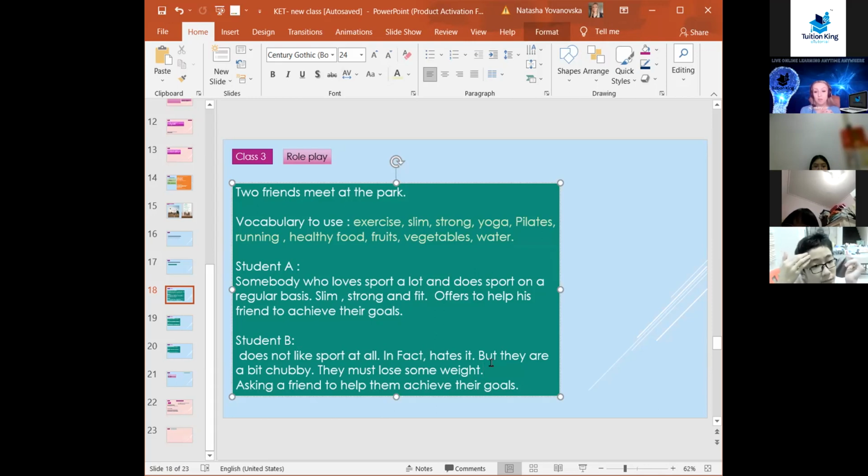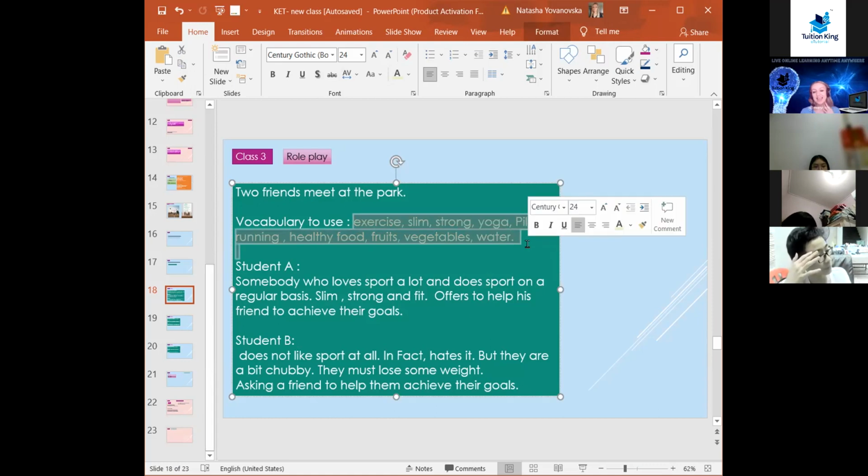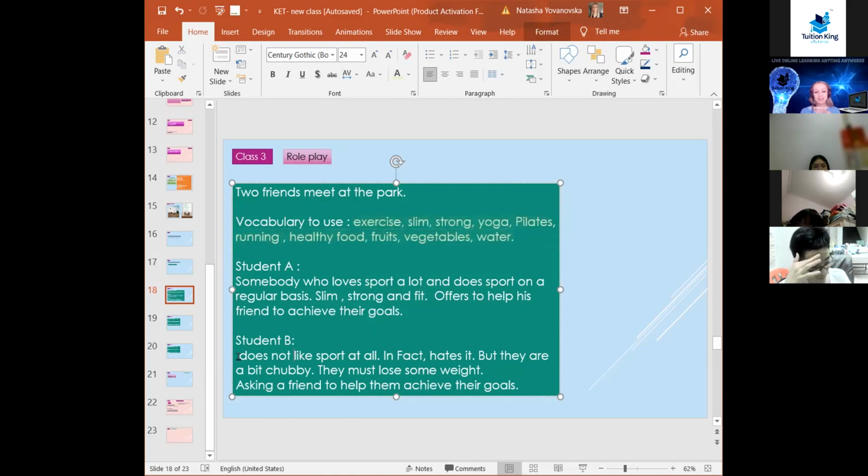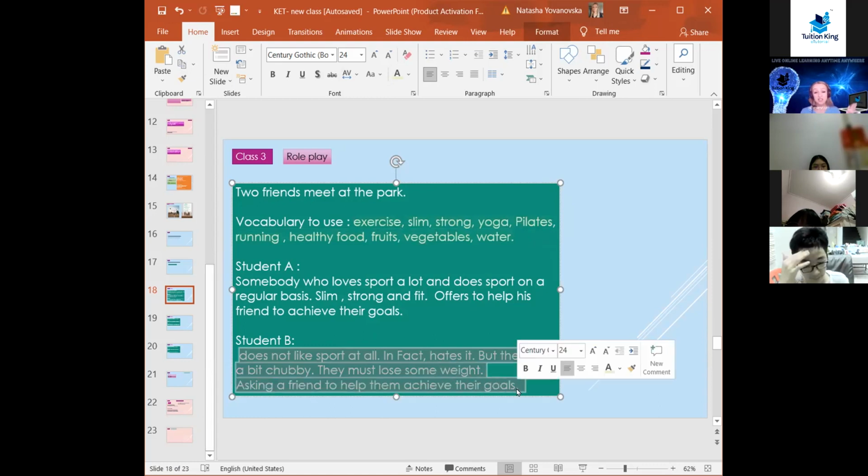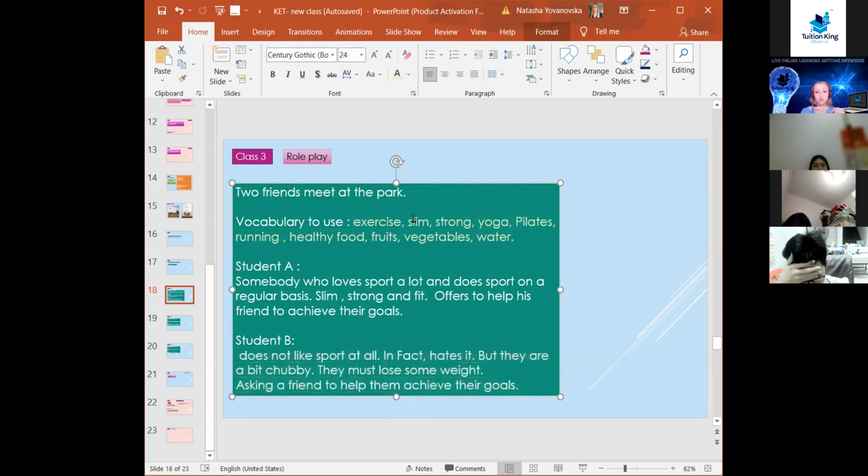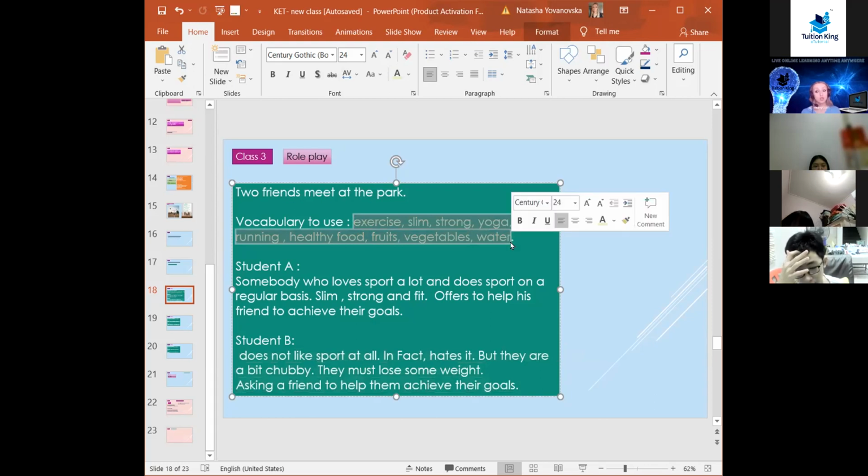So, Bernice, you're going to be student A. Please read your role, what kind of person you are and what words you need to include. Esther, you're going to be student B. You are the one who is chubby, doesn't like sport, but you need help from your friend to exercise. So you need to include these words to practice, to exercise, to lose some weight.